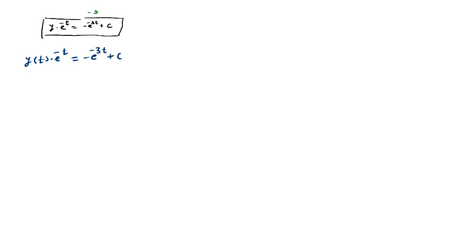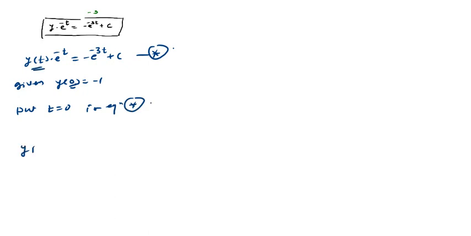Okay, so what is given is y of 0 equal to minus 1. In this equation, I will consider this as star, so put t equal to 0 because y of 0 is given. Put t equal to 0 in equation star. This term will be y of 0, and e to the power 0 on the other side: minus e to the power 0 plus c.